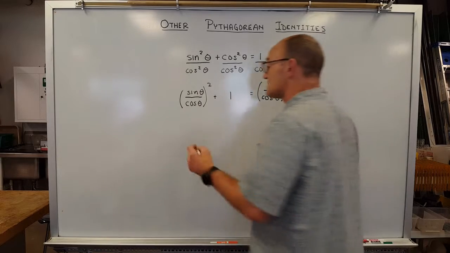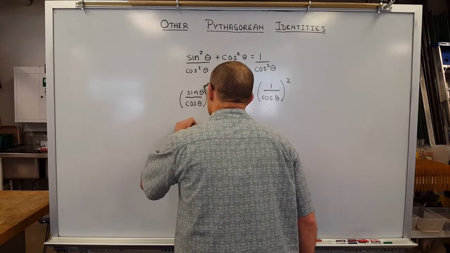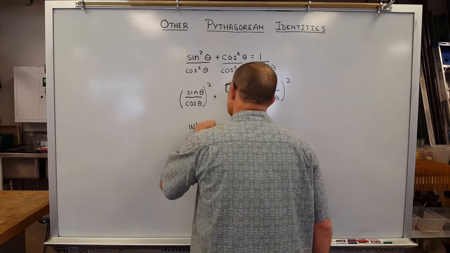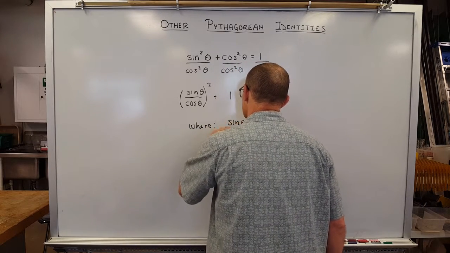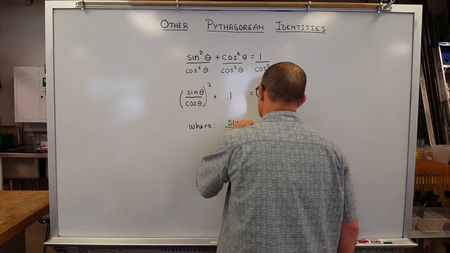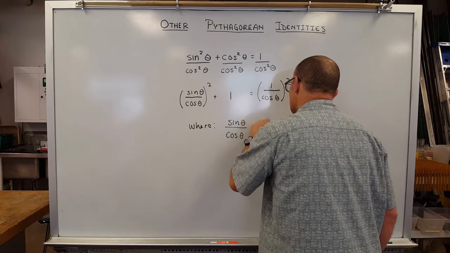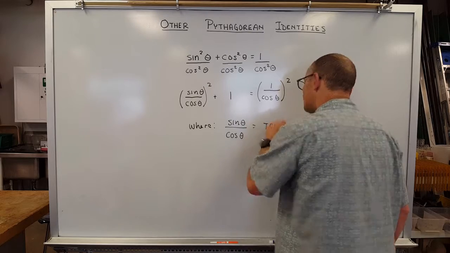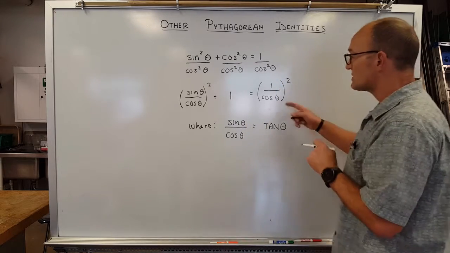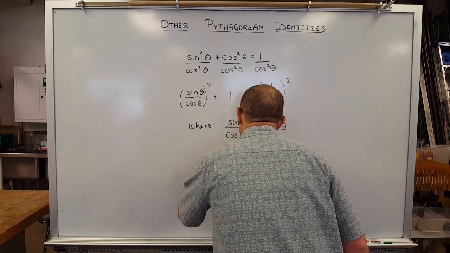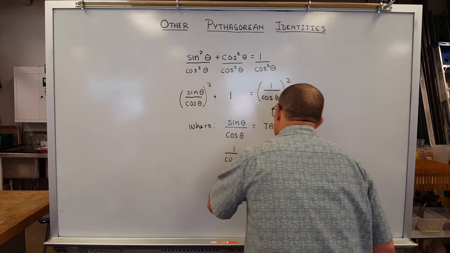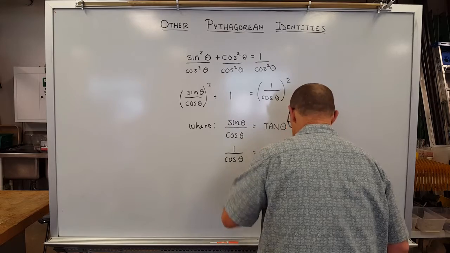We recognize that this is where the first term, sine of theta over the cosine of theta, is equal to the tangent of theta. And also that the reciprocal of cosine of theta is equal to the cosecant. Whoops, excuse me.